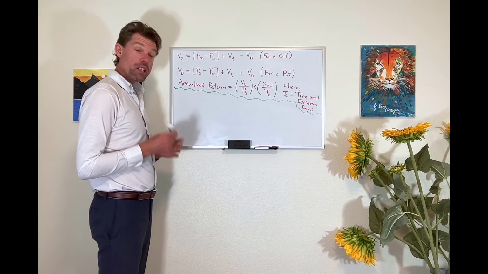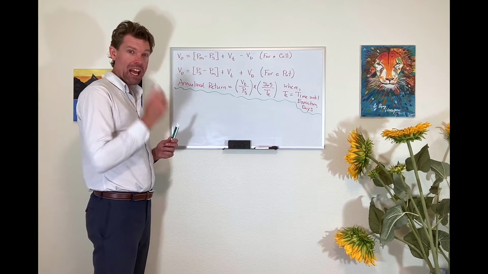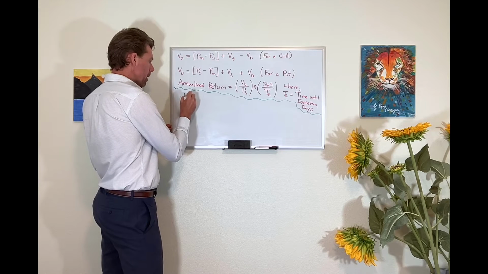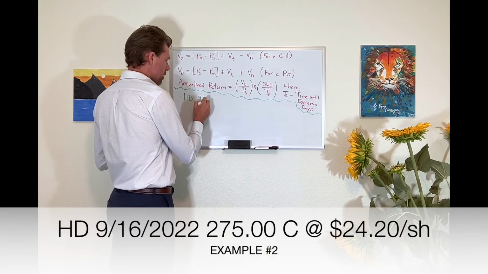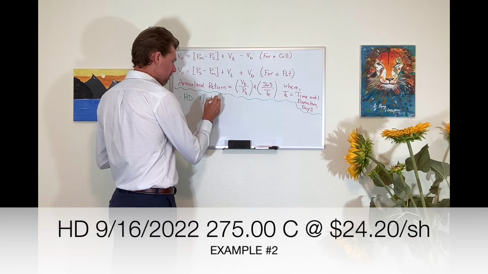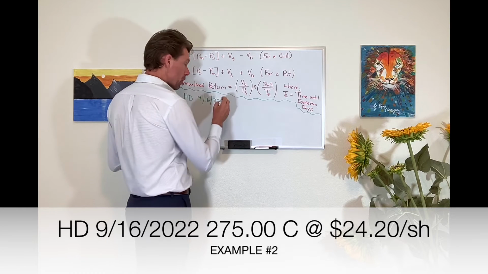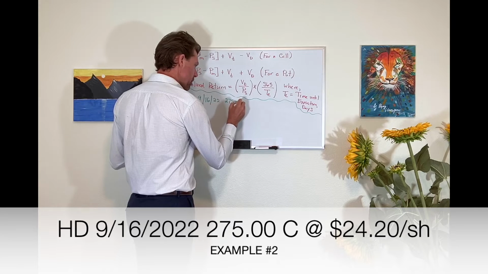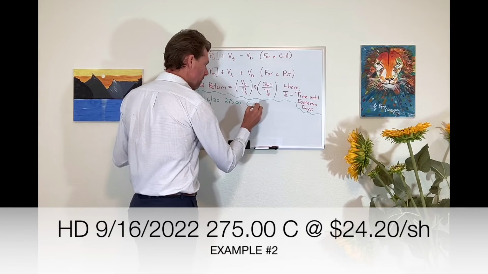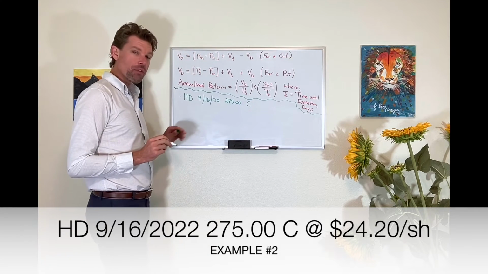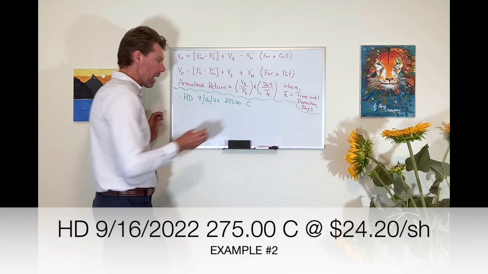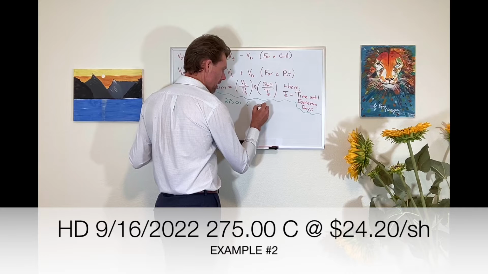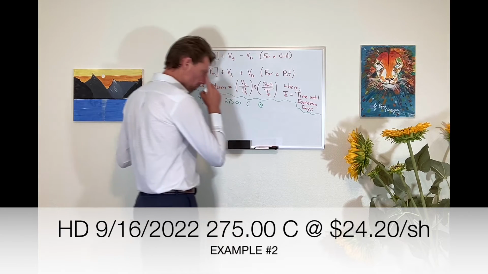This second option contract is Home Depot, same expiration date, September 16, 22, but the strike price now is $275 per share. It's still a call, and I looked up the value of this option contract, whether I were to buy this call or sell it as a covered call.